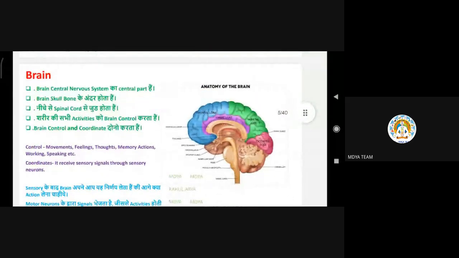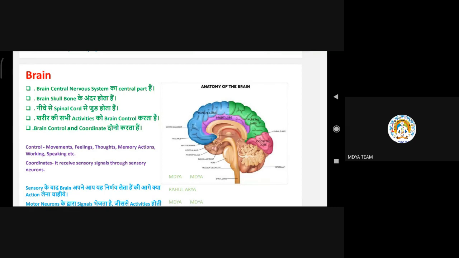Now after those meninges, brain is present. Okay, now brain is the part of our central nervous system, and brain is under those meninges. Now, brain is extending, and the extension of brain is the spinal cord.